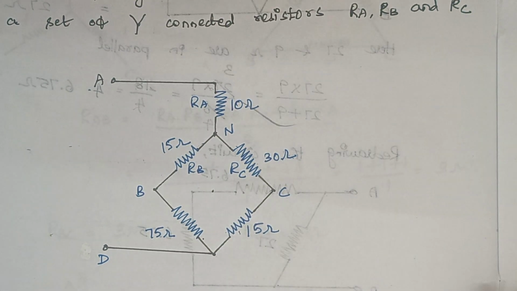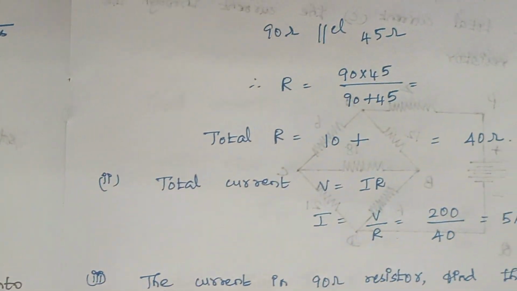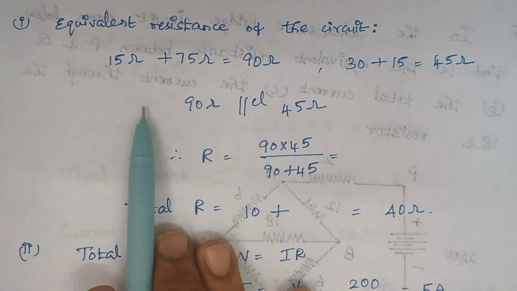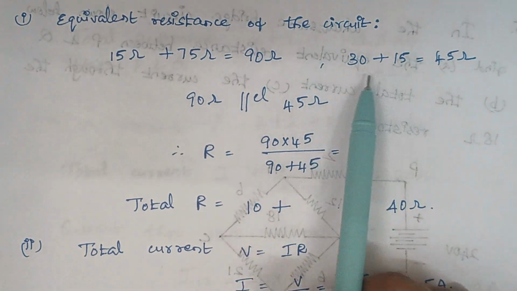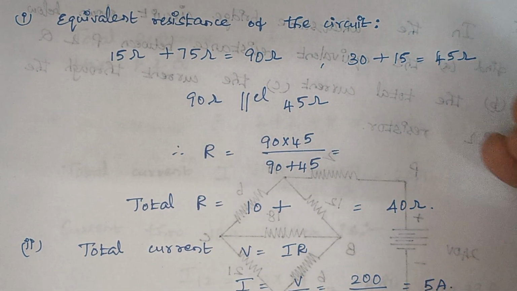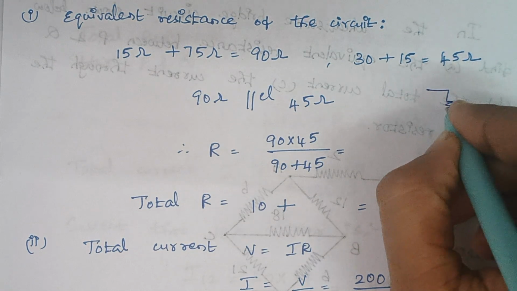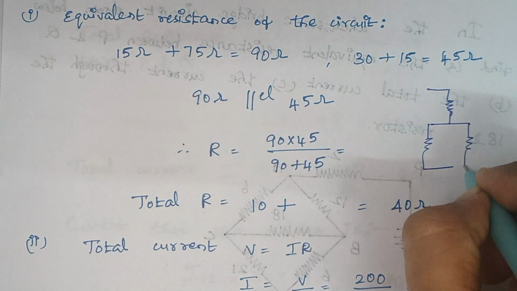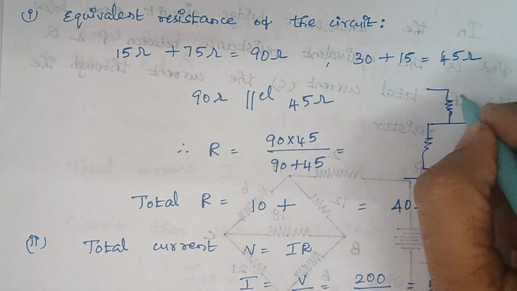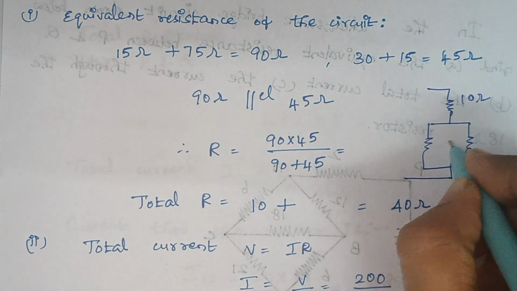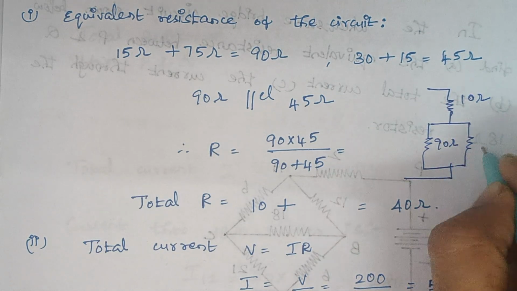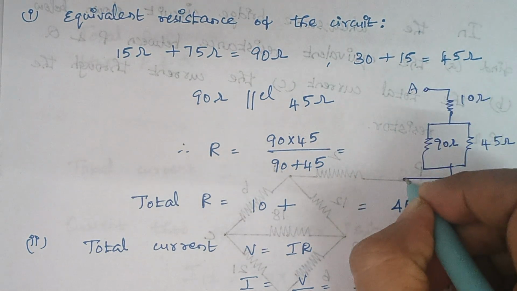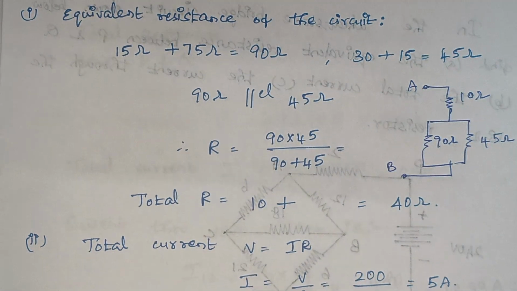So here I have calculated the values: 15 plus 75 gives 90 and 30 plus 15 gives 45. If you redraw this diagram, you will have the values like this. Here the 10 ohm remains as such, and here comes this 90 ohm and here comes this 45 ohm, and this is your terminal A and this is your terminal B.